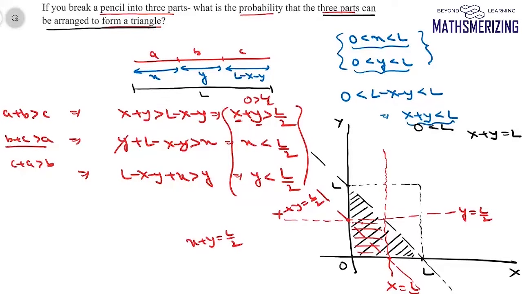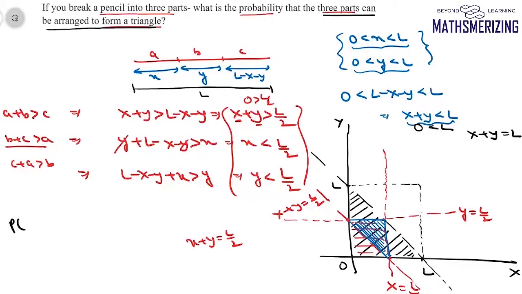So that means 0 doesn't satisfy this equation. So the region that we need is above this line. So the condition that these three parts can be arranged to form a triangle corresponds to this blue triangle.